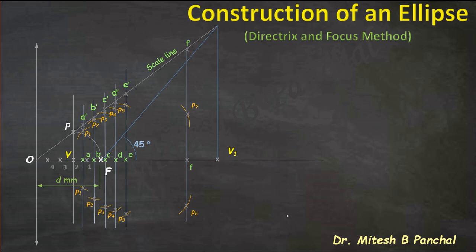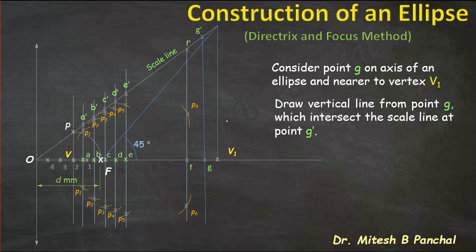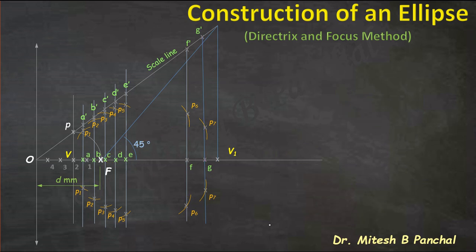Similarly, we can consider another point, that is point G, in between point F and V1, and we will follow the same procedure, means from point G draw a vertical line. On scale line we can get the G dash. Now F as a center, G dash as a radius, draw arcs on vertical line passing through point G, right? So we will get point P7. So now we have obtained all these points P1, P2, P3, P4.